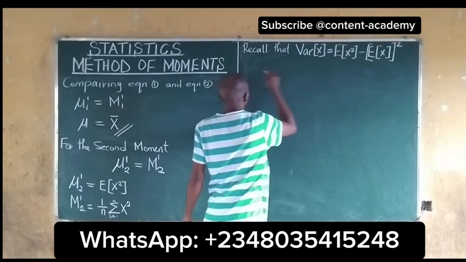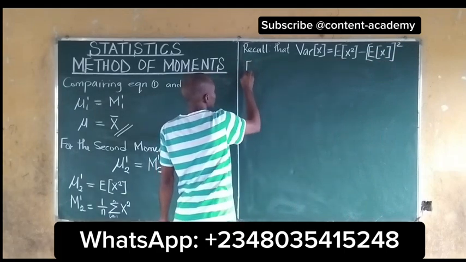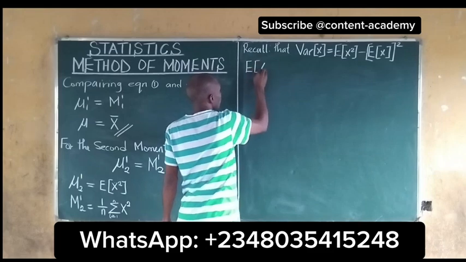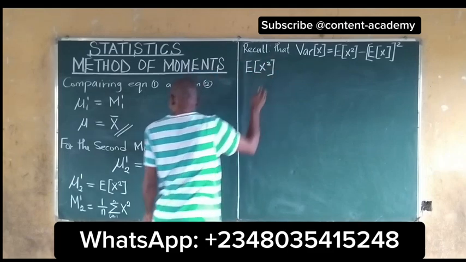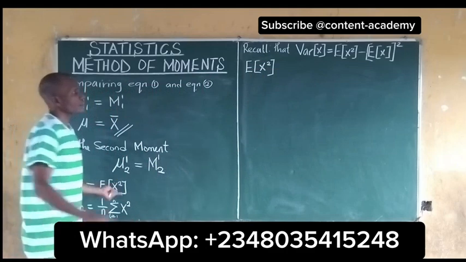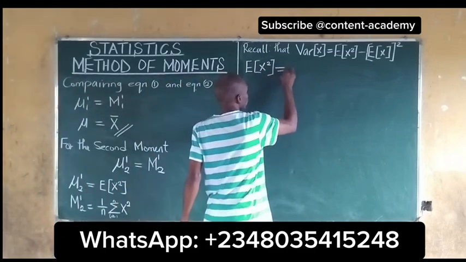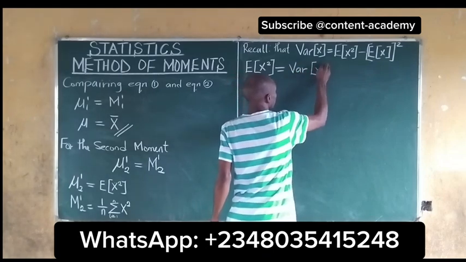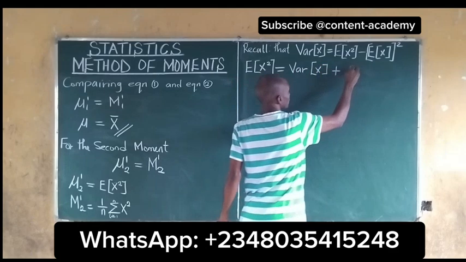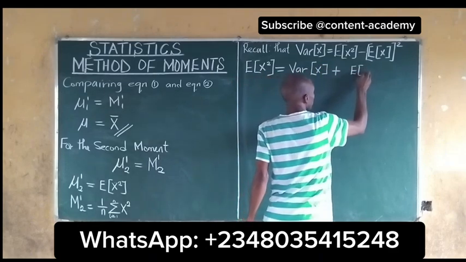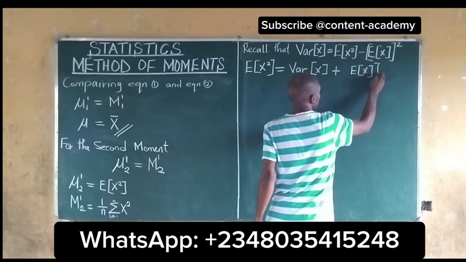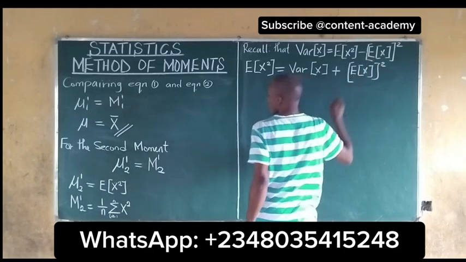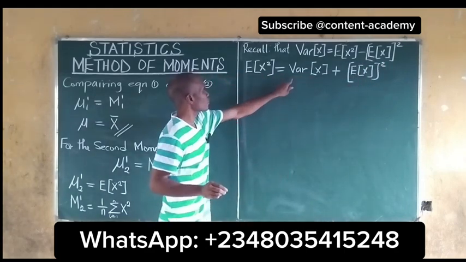So if we make the expected value of x squared the subject, it will be equal to the variance of x plus the expected value of x all squared. So this is what we get.